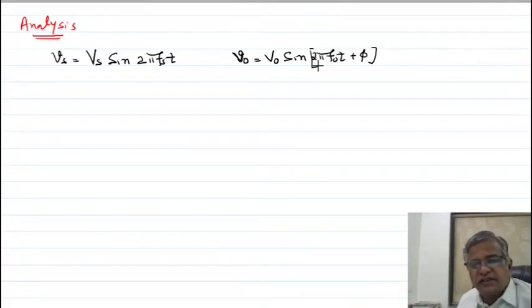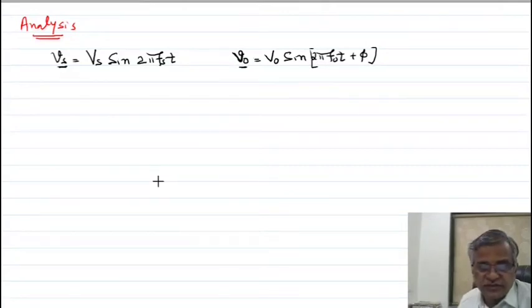A phase detector is basically a multiplier which multiplies the two signals: one is the input signal, the second is the signal coming from the VCO.